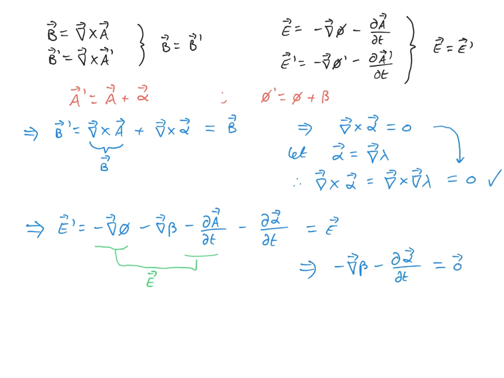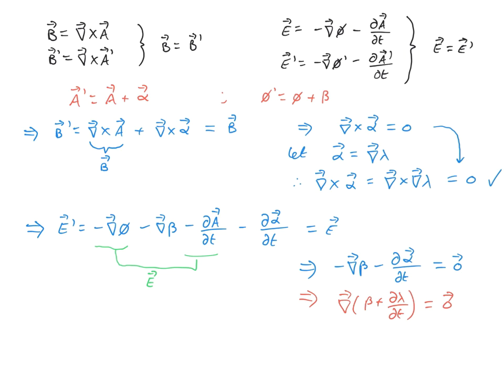However, we've just worked out that alpha can be related to the gradient of a scalar field lambda, and so substituting that in, we can write this whole expression as the gradient of beta plus d lambda by dt is equal to 0.